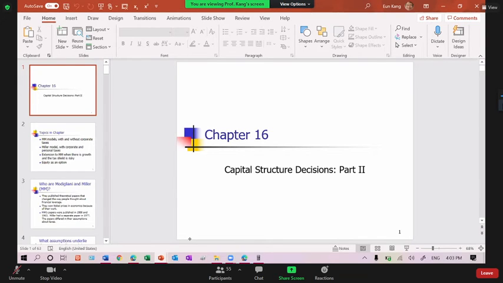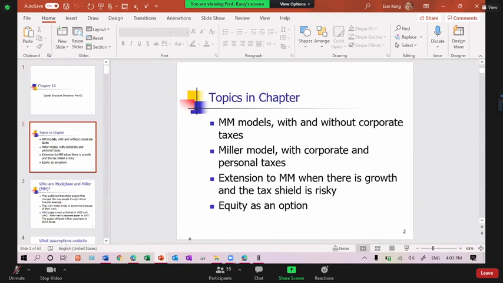Then chapter 15 is overall, and 16 is more like a more detailed analysis of models, and we see extension equity as an option.